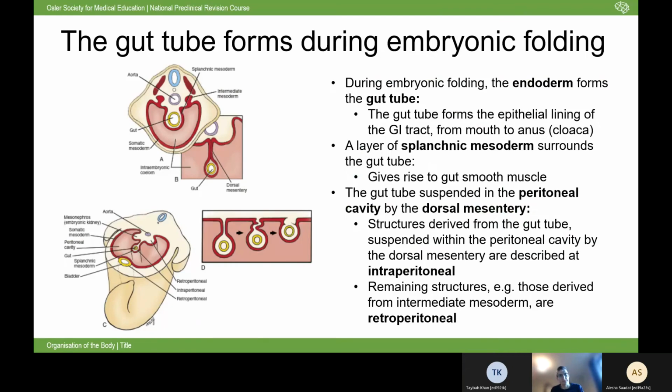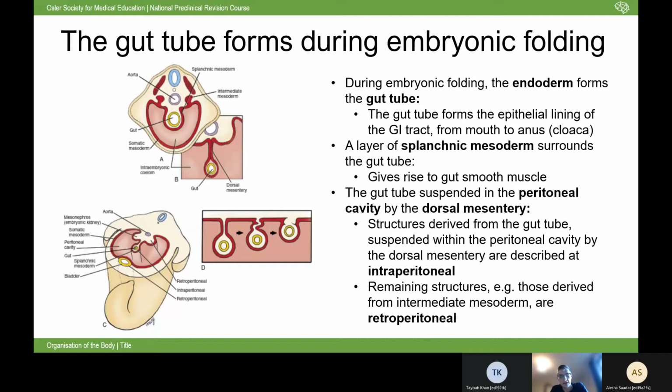So, thinking back to embryonic folding, we remember that the endoderm folds inwards. It's the ventral aspect of the trilaminar germ disc, and with lateral folding of the embryo, it forms a complete circle, the gut tube within the embryo, and that is what we call the tube within a tube body plan.